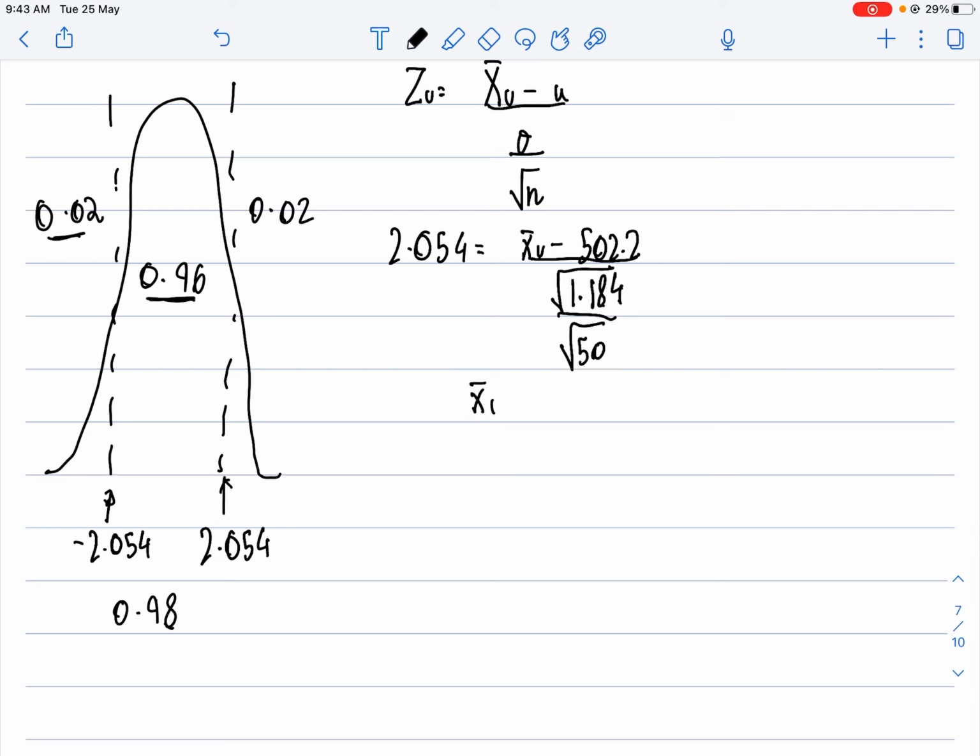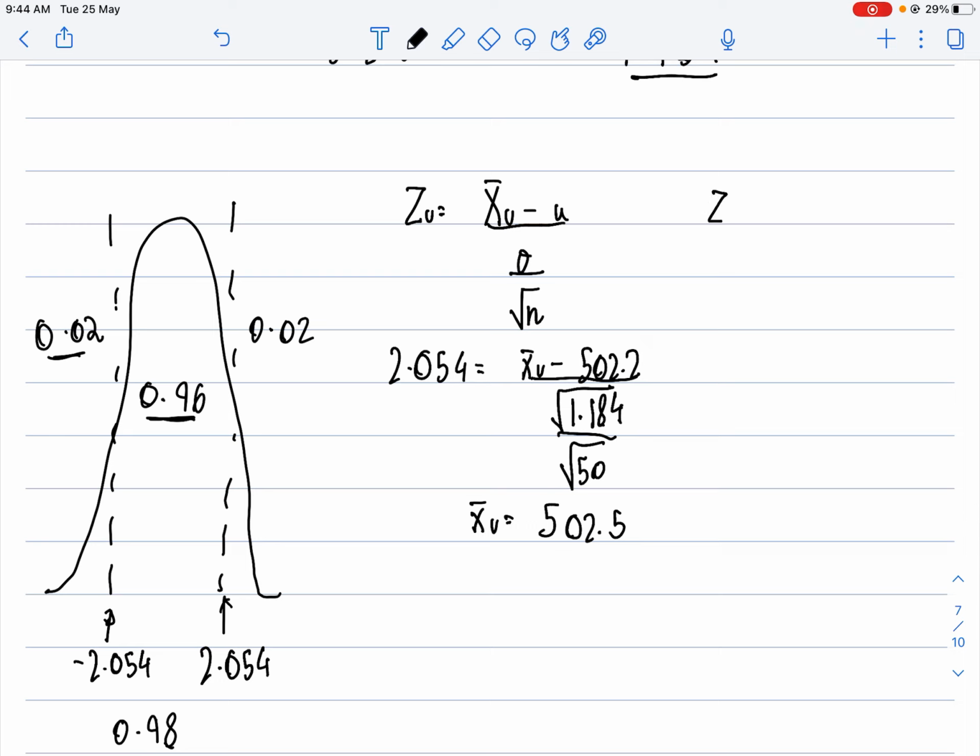So now I can use my calculator for this. 2.054 times the square root of 1.184 divided by 50, added to 502.2, gives my answer as 502.5.